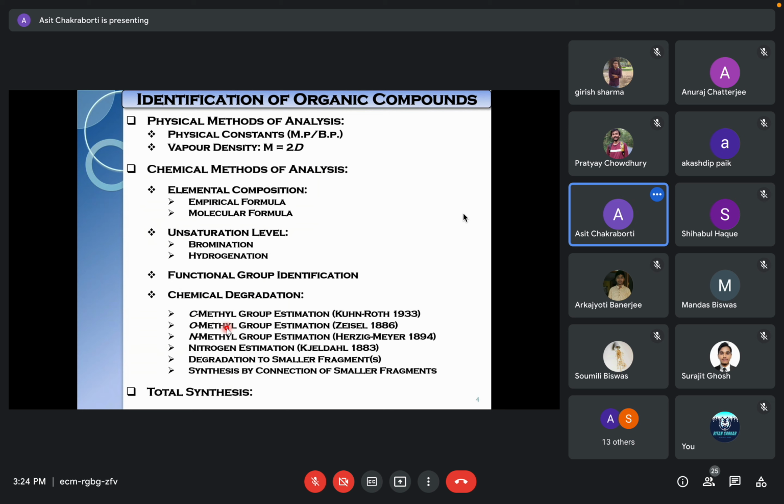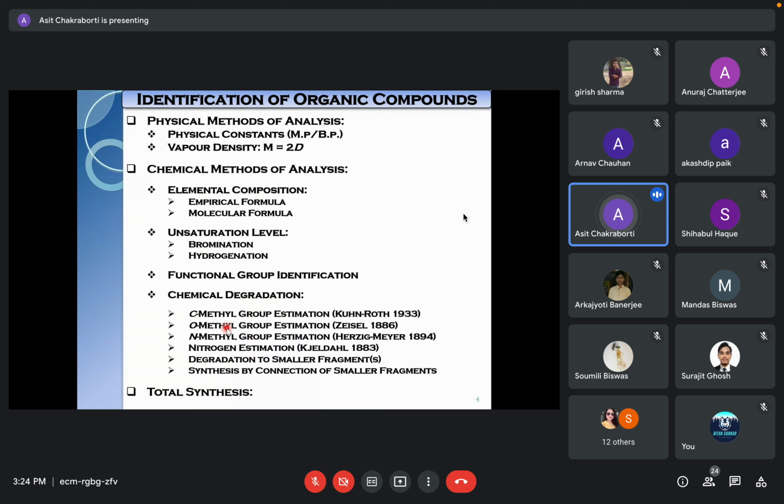Similarly, a methyl group can be attached to a saturated carbon, or to an sp2 carbon. This sp2 carbon can be an olefinic carbon, and the sp2 carbon can be a carbonyl carbon also. So how can proton NMR be used to distinguish between these methyl groups?